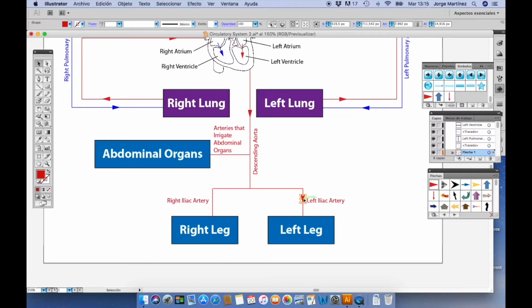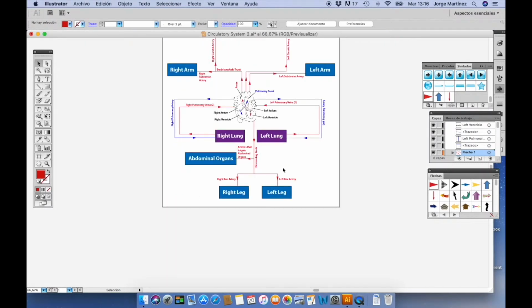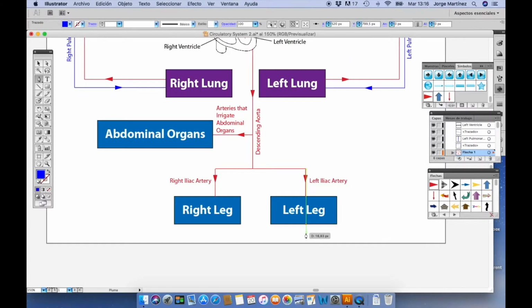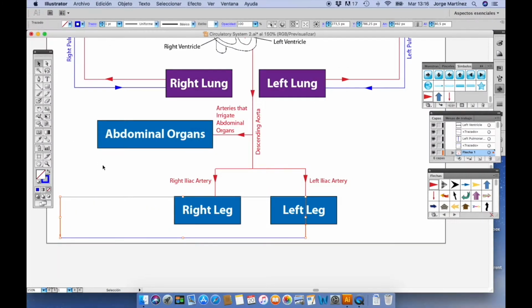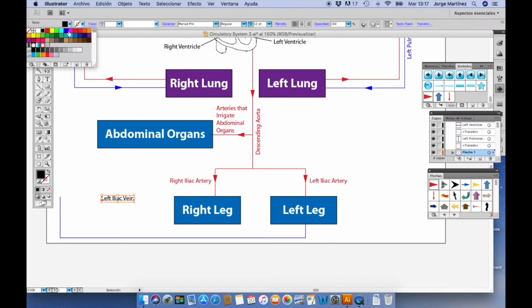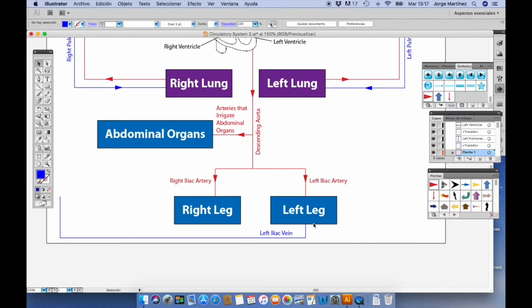Now the blood must return to the heart. The blood from the left leg is transported by the left iliac vein.